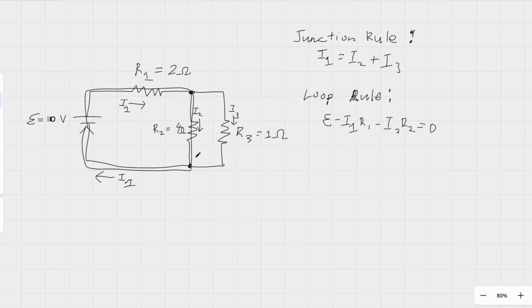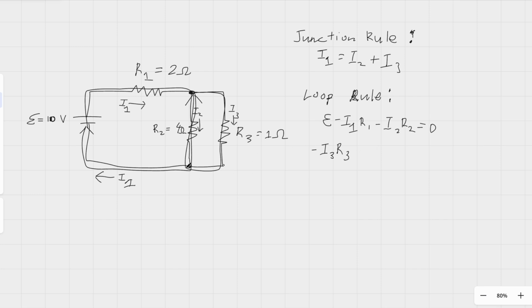You set it equal to 0. And now we look at this loop, the second loop we have to pay attention to. You go here, and the first one we come across is the voltage drop across the third resistor, which will be negative I3 R3.